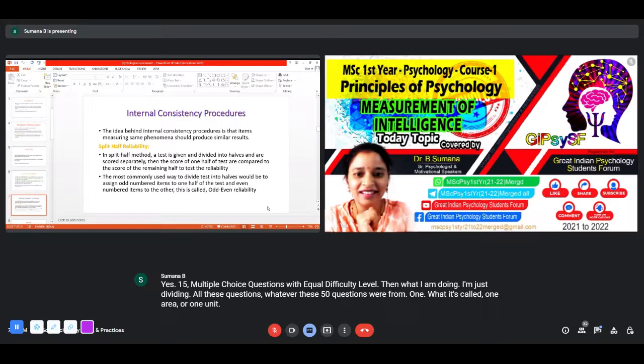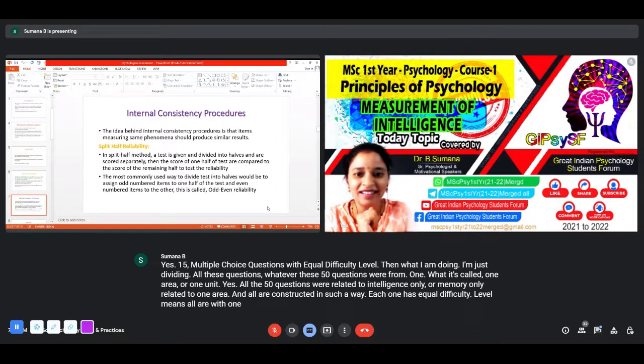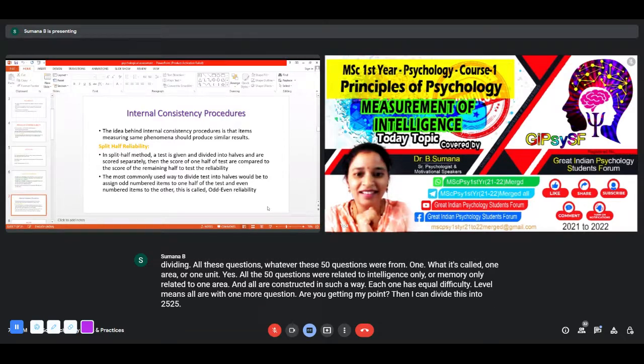All 50 questions were related to intelligence only, or memory only, related to one area, and all are constructed in such a way that each has equal difficulty level, meaning all are 1 mark questions. Are you getting my point? Then I can divide this into 25 and 25. All are memory related questions.